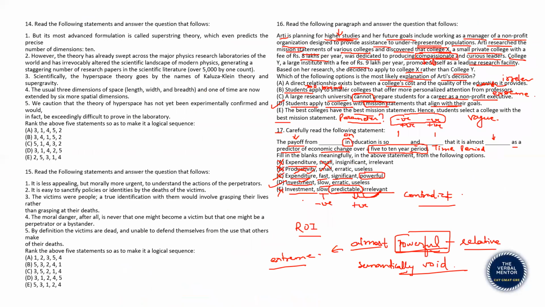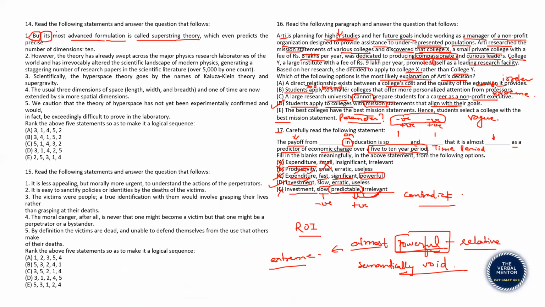All right. So far so good. Poem baad mein. Are we only left with RCs now? Yes, we are. We have parajumbles. Let's go with them. But its most advanced formulation is called superstring theory.